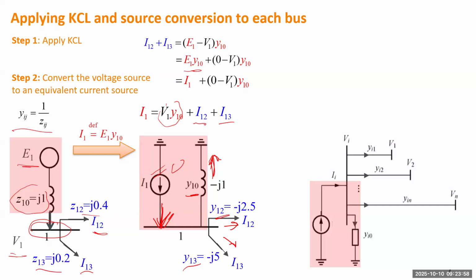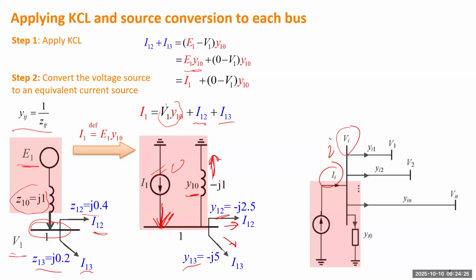Okay, so we can apply this standard model to any other buses. Each bus will have a constant current source. If this is bus i, we call the current Ii. The bus voltage will be Vi, and the other buses will have voltages V1, V2, V3 until Vn.